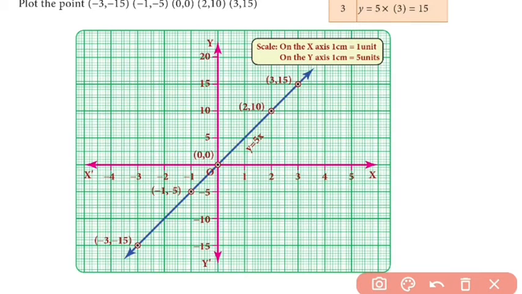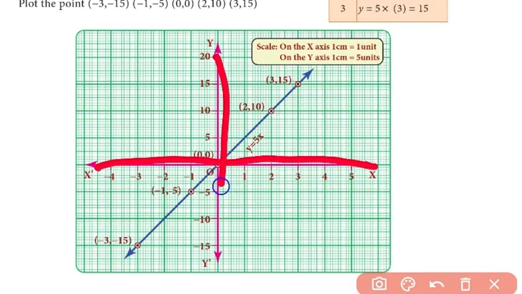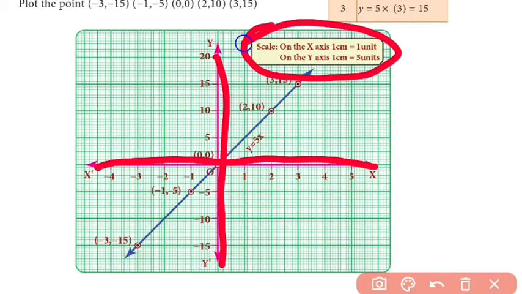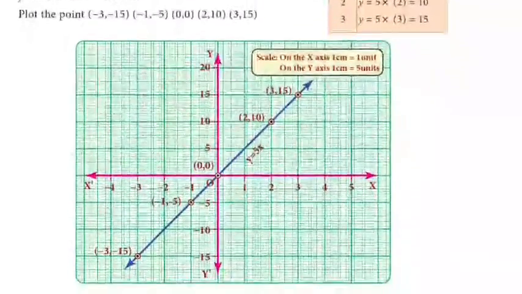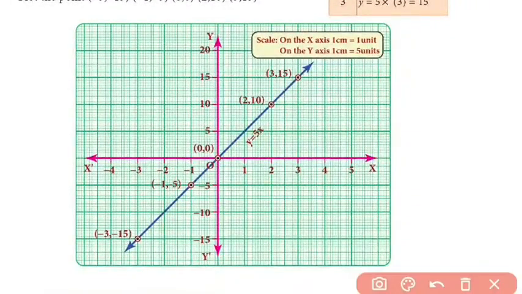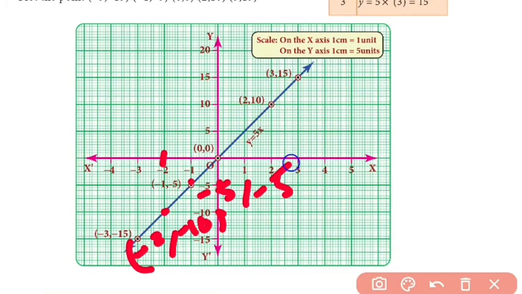I repeat: first we draw the x-axis, y-axis and measurements. Next we assume our scale. After that we plot the points using the table. In our table, minus 2 on the x-axis and minus 10 on the y-axis meet at the point minus 2 comma minus 10. Next minus 1, minus 5.